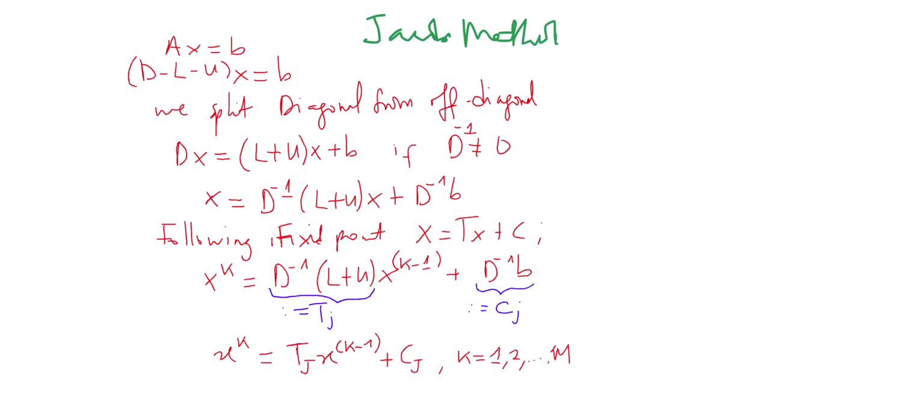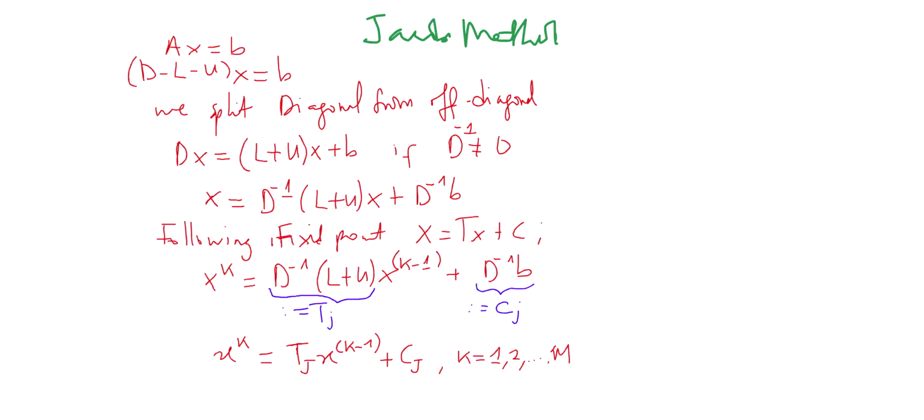So you have (D minus L minus U) x equal to B. Then you split it into Dx equal to (L plus U) x plus B. And if D inverse exists, then we can write x equal to D inverse (L plus U) x plus D inverse B, multiplying through by D inverse.